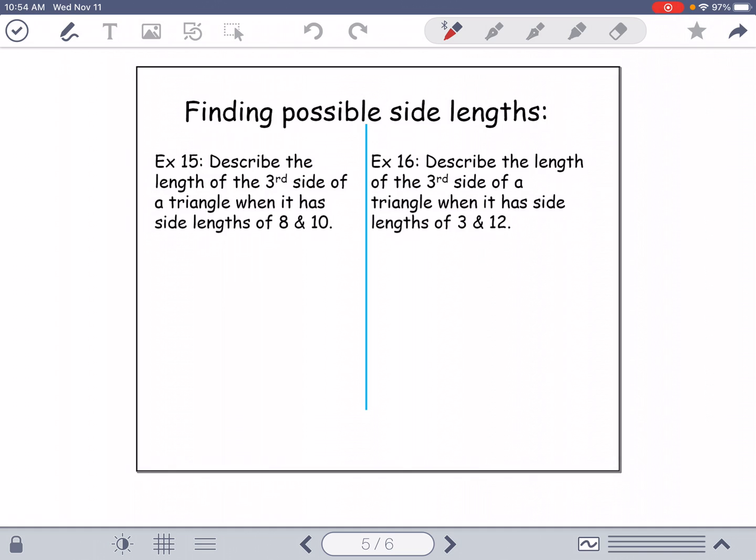So what you would do is you would say x plus 8 greater than 10. So that means x would have to be greater than 2. Or you would say x plus 10 has to be greater than 8.